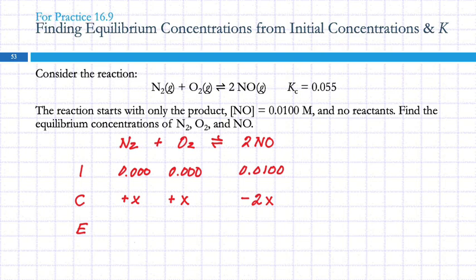And then to find the equilibrium, we're going to add up the I and the C rows. And those are the equilibrium concentrations. We take our equilibrium constant expression, which is NO squared over the concentrations of N2 times O2.